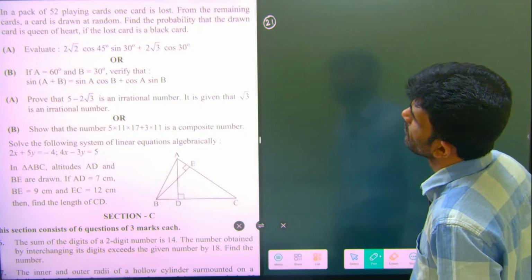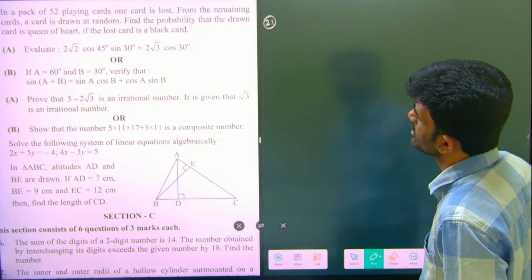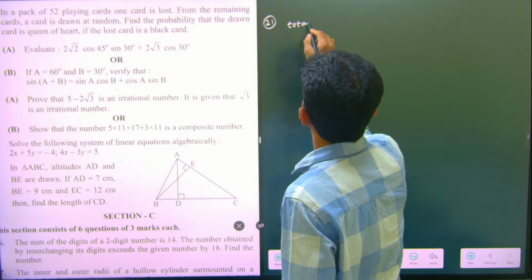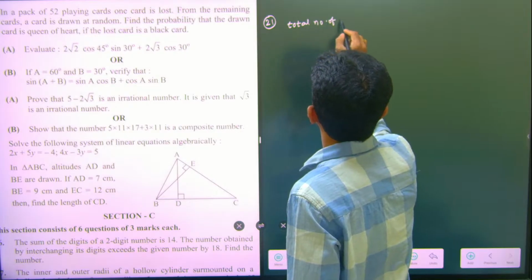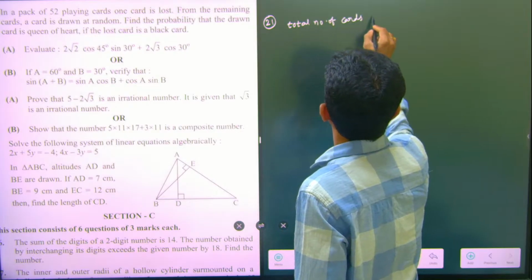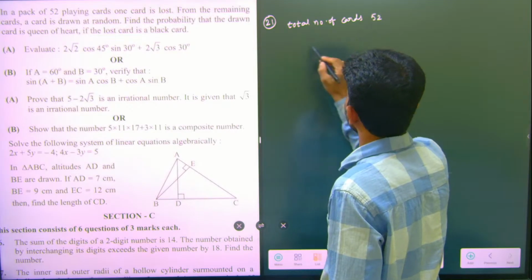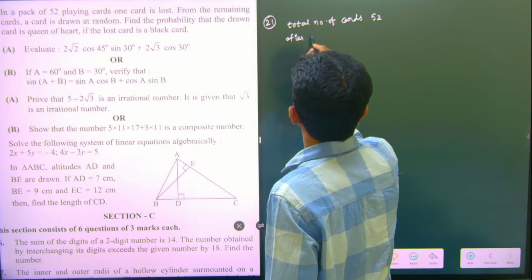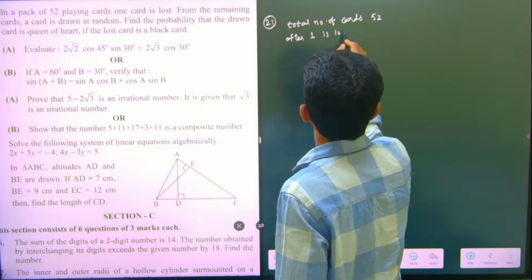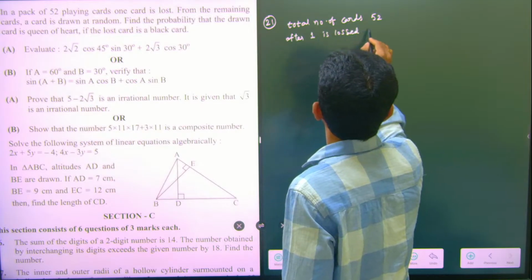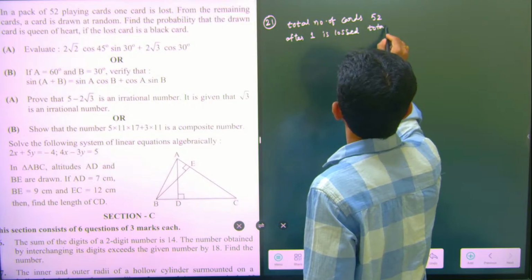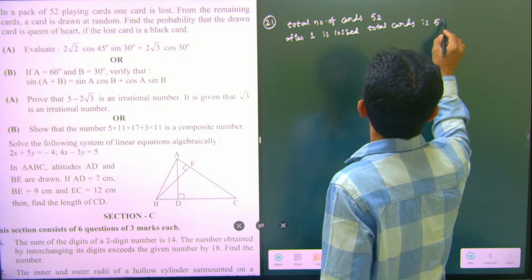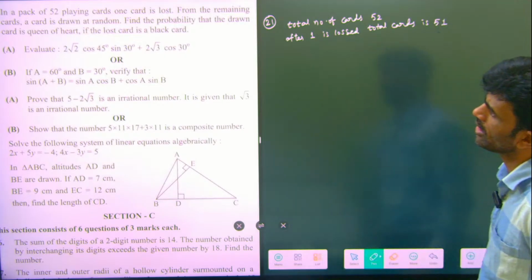Total 52 deck of cards are there. One card is lost. So total 52, one is lost, total cards now it is 51. 51 cards are there.